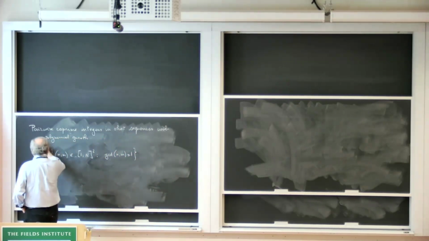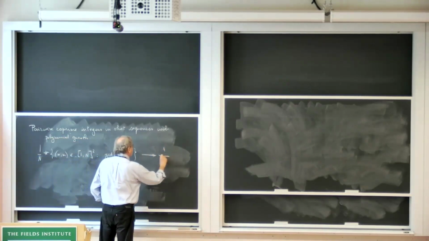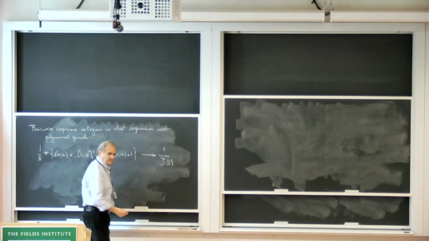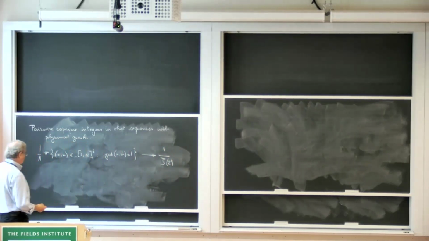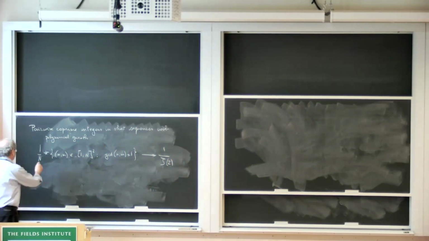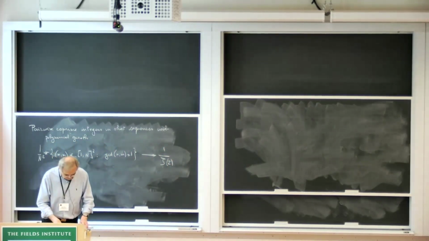You divide by N squared, you take the limit, and this tends to 1 over zeta of 2. Okay.